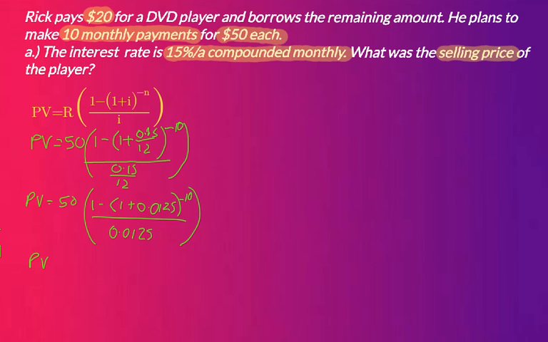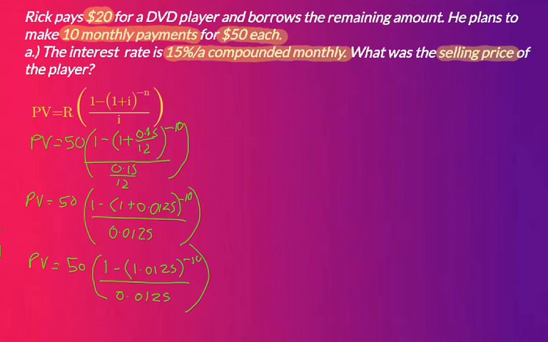So PV equals 50 times 1 minus 1.0125 raised to negative 10 divided by 0.0125.